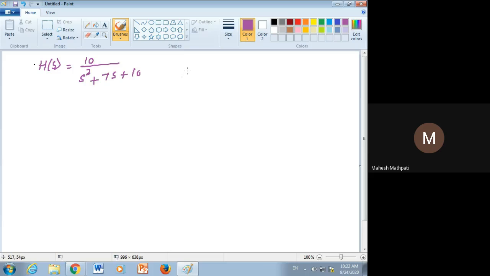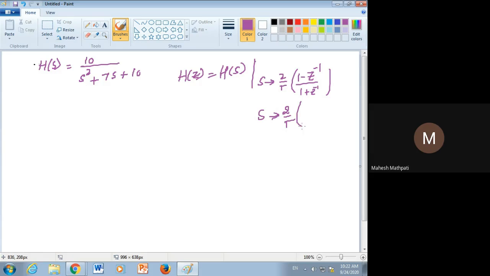So here we have like relation as h of z equals to h of s, for s should be replaced by 2 by T into 1 minus z inverse divided by 1 plus z inverse. Or this can also be done as s is replaced by 2 by T into z minus 1 divided by z plus 1. ये भी आप यूज कर सकते हैं वहां पे. अगर आपको नेगेटिव पावर में कंफ्यूजन हो रहा है तो you can use the positive power and you can simplify that. That is also another way. Just do it. Let's see.